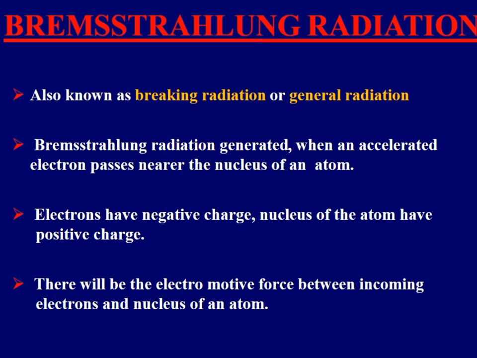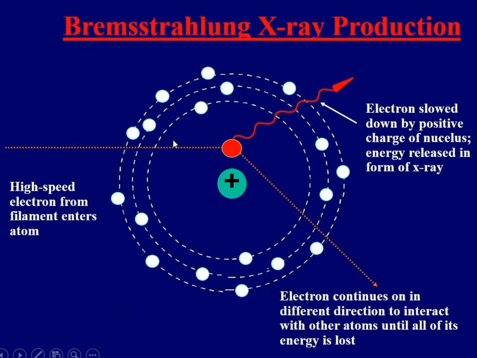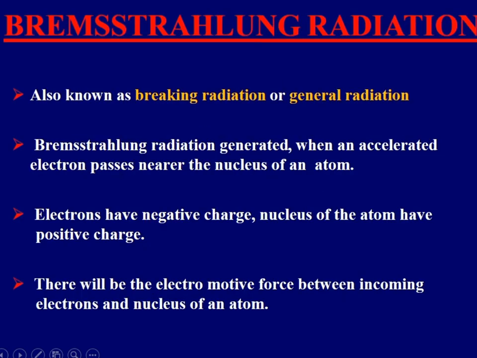Now let us discuss it point by point. Bremsstrahlung radiations are also called braking radiation or general radiation. Bremsstrahlung radiation is generated when an accelerated electron passes near the nucleus. Here we can see that when this accelerated electron passes near the nucleus, it is decelerated, and this is how Bremsstrahlung X-rays are formed. Electrons have negative charge, the nucleus of the atom has positive charge, and due to this there is an electromagnetic force between the incoming electron and the nucleus.